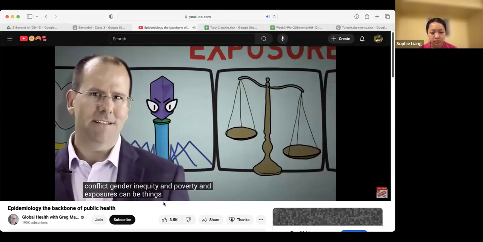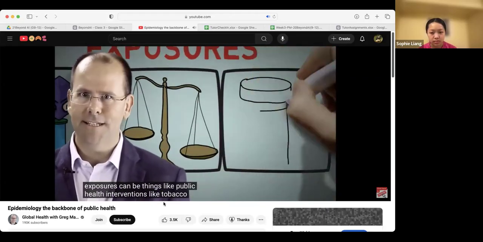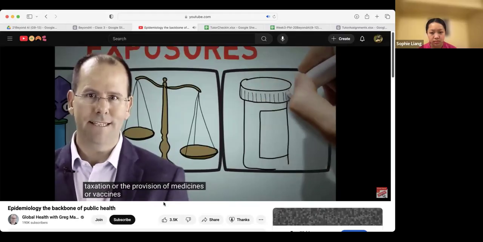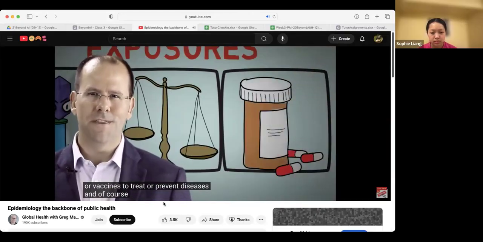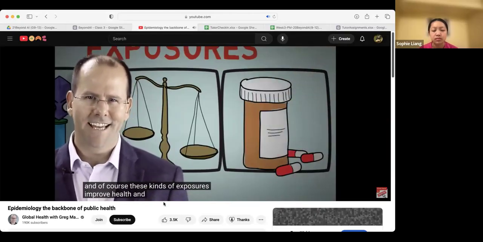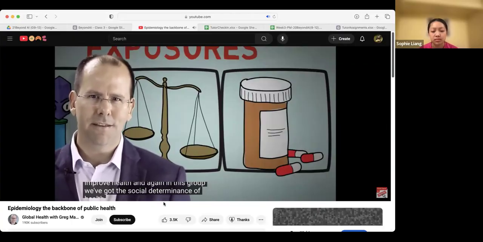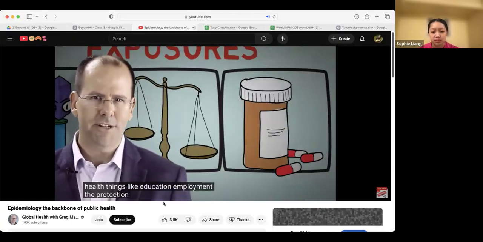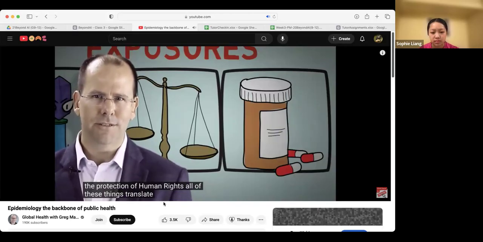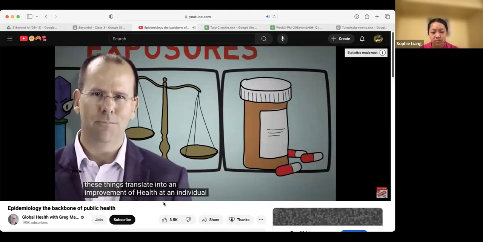And exposures can be things like public health interventions, like tobacco taxation, or the provision of medicines or vaccines to treat or prevent diseases. And of course, these kinds of exposures improve health. And again, in this group, we've got the social determinants of health, things like education, employment, the protection of human rights. All of these things translate into an improvement of health at an individual and population level.